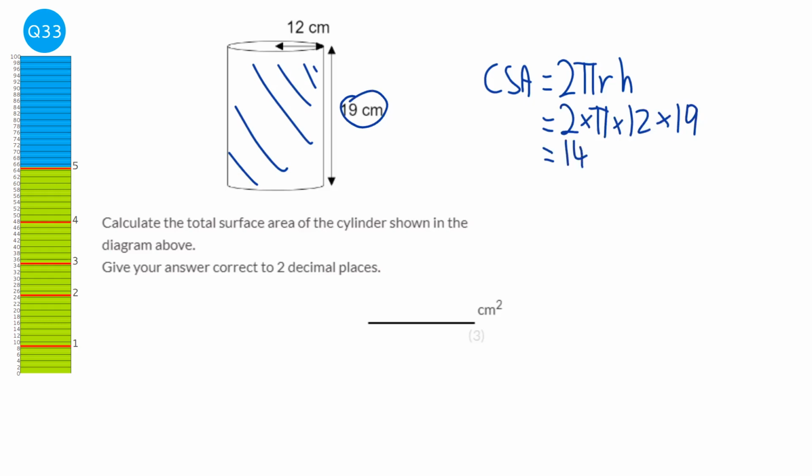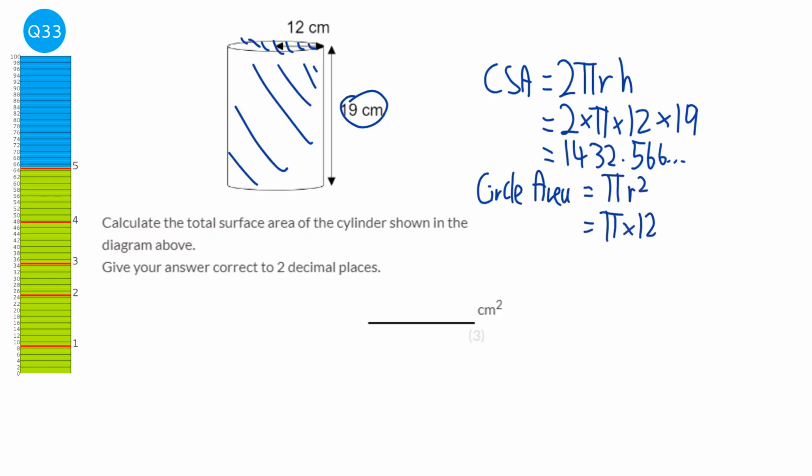And that gives us 1432.566, and so on. Next we work out the area of the circle at the top. So circle area, and the formula for that is just pi r squared. So pi times 12 squared, which will give us 452.389, and so on.